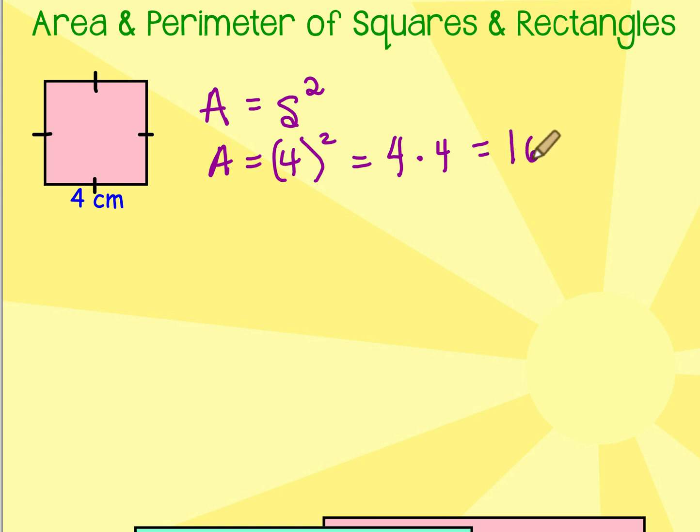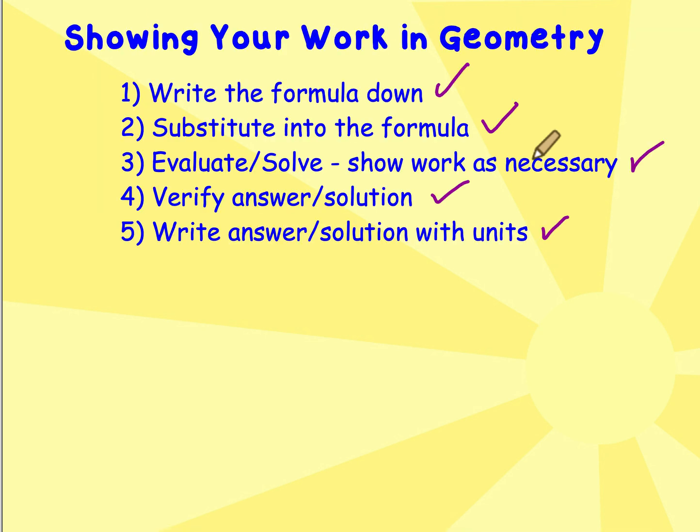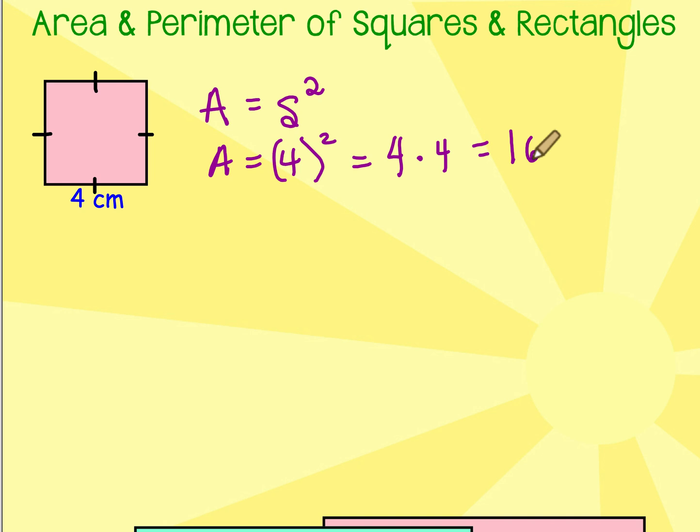So that is not my complete answer yet, because remember, I need to make sure my answer makes sense and write my answer with my units. So it does seem 4 times 4 is 16. That's really not much to verify there, but I want to write my answer with my units.